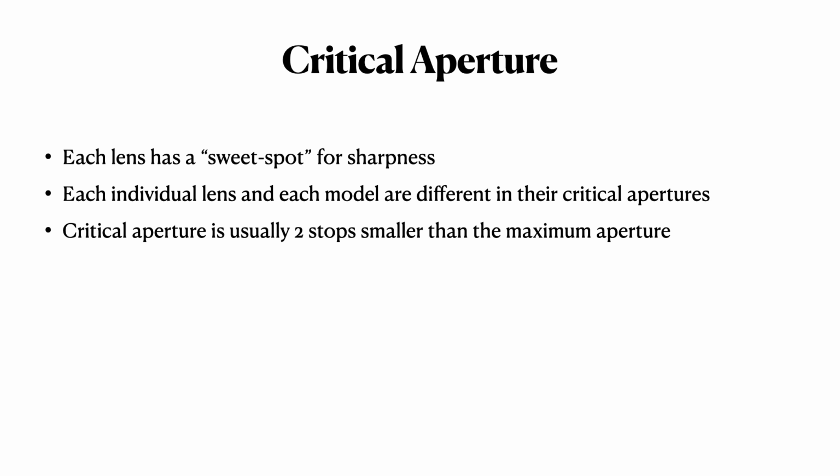Each lens is going to have a certain point in its aperture, typically going to be 2 steps smaller than the maximum, and I will give an example for that, where it is the sharpest, where you're going to get the most quality images out of using that aperture for any given subject. Each individual lens and each model is different in their critical apertures, and again, 2 stops smaller than the maximum aperture.